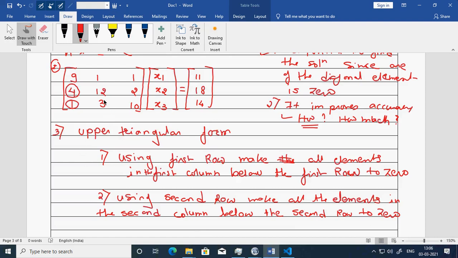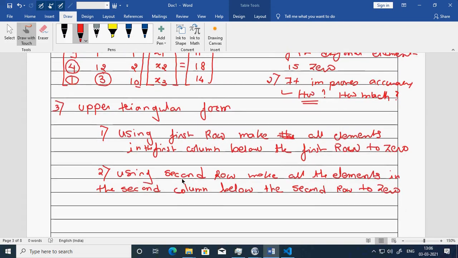So if I try to take out the meaning of this, I want to make this third element 0. Wherever 3 is there, I would like to make it 0. So its meaning is this.